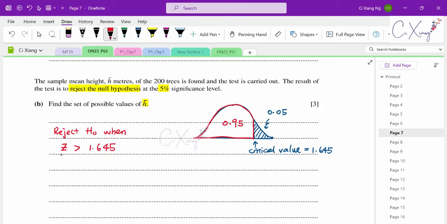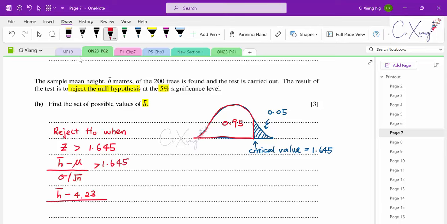So what is the formula for the test statistic here? It should be sample mean minus the population mean, divided by standard deviation over square root n, is greater than 1.645. We slowly input all the values that we know. What is the population mean? It is the null hypothesis value that we are testing, which is 4.23.